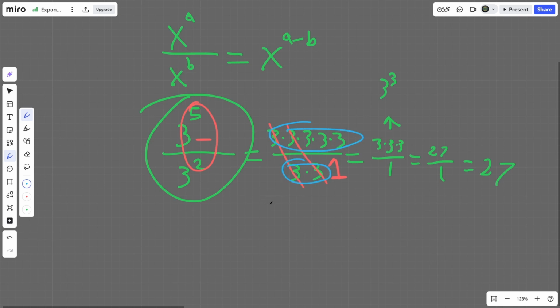You're canceling them out as long as they're exactly the same, which they should be for the rule to work. That's why you need the same base on the top and the bottom. So yeah, canceling things out in this case looks like subtraction. They're not exactly the same, but they do look similar enough that it works out pretty well.